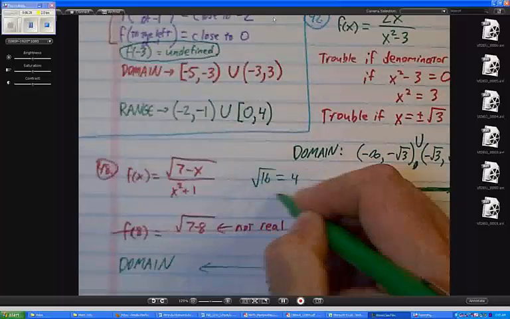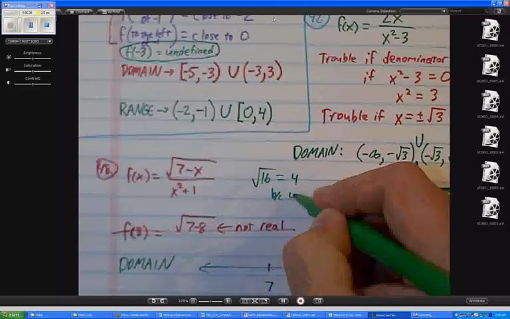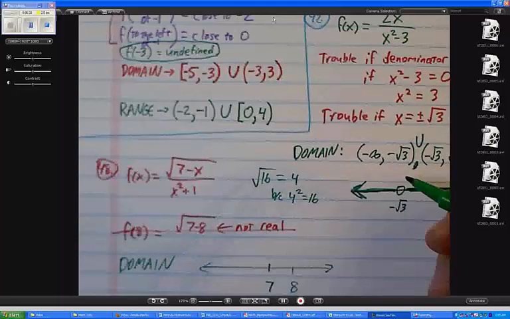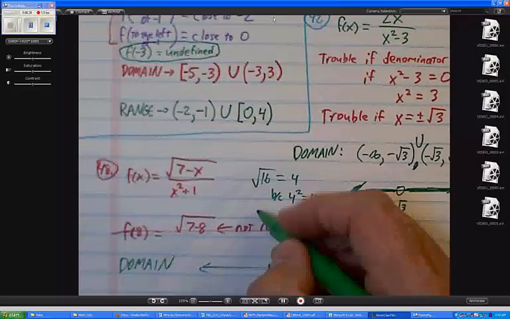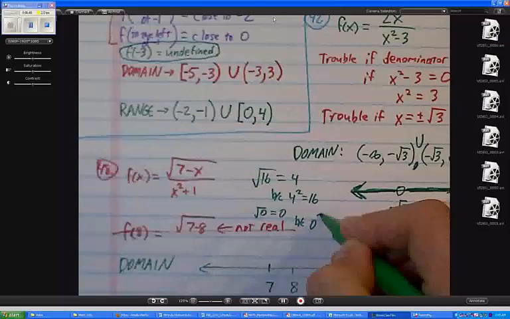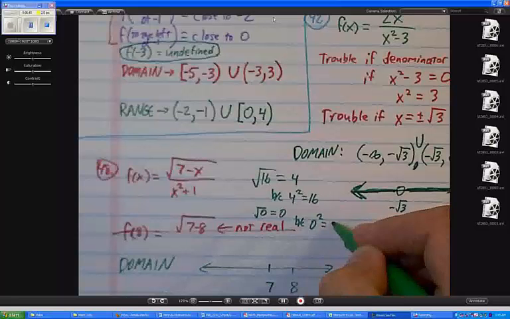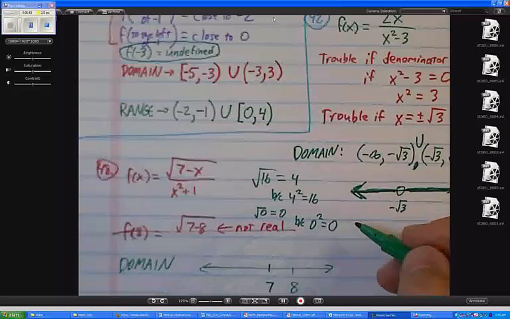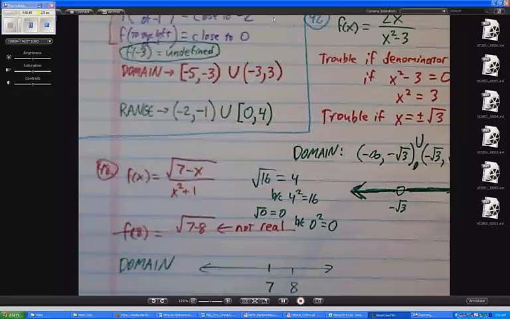Because 4 squared is 16, right? When we say square root, that's what I mean. So let's see if it works. Square root of 0 is 0 because 0 squared is 0. I guess that's okay, right? But we understand that with negatives, we're out of luck. You can take a square root of 0.